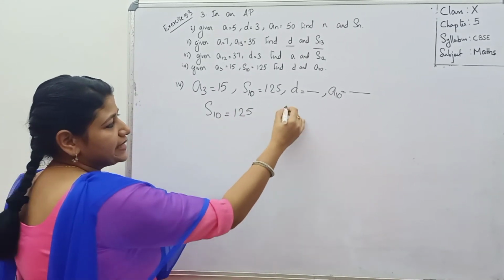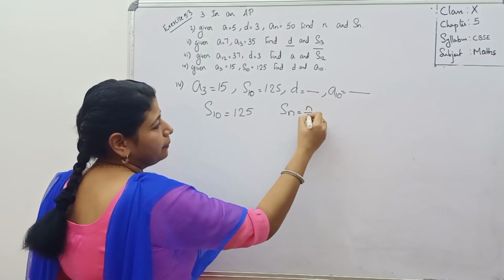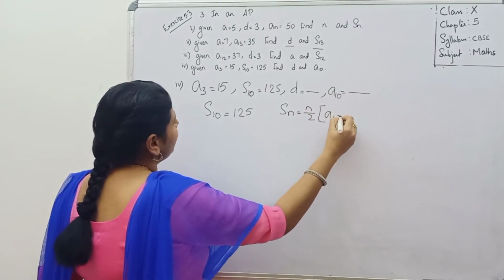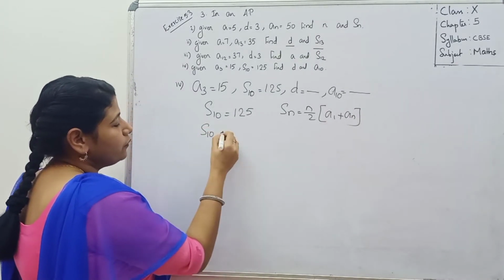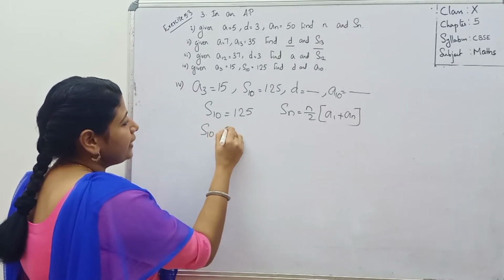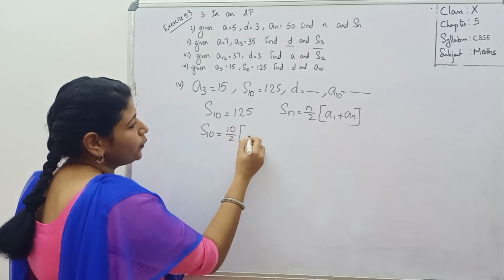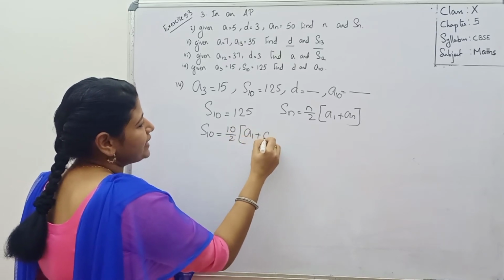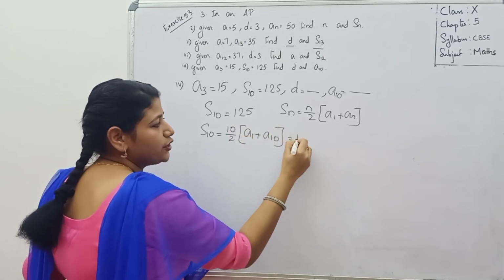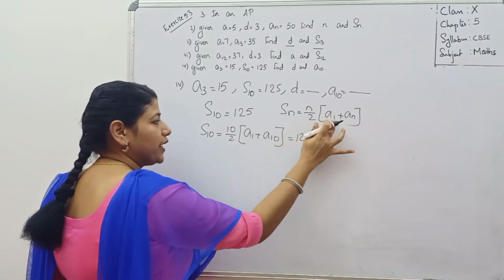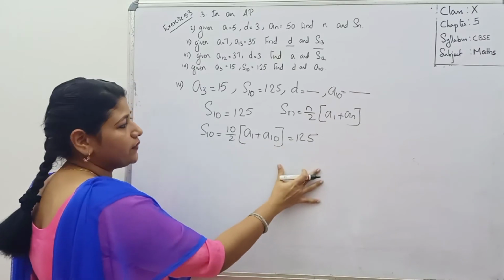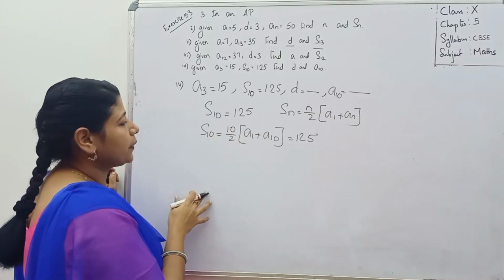To find out Sn we have the formula n by 2 into A1 plus An. So for this S10, which is equal to 10 by 2 into A1 plus A10, which is given as 125. This is 125, this is what is given.